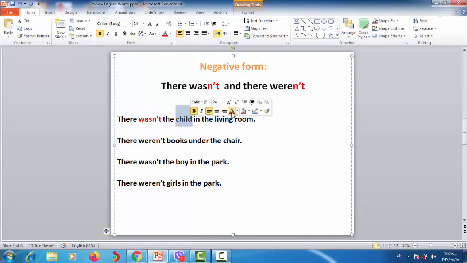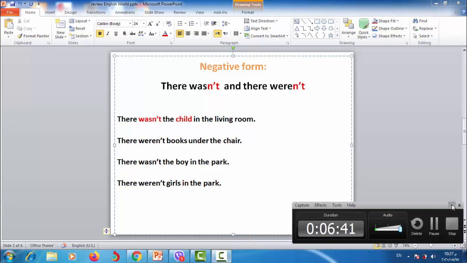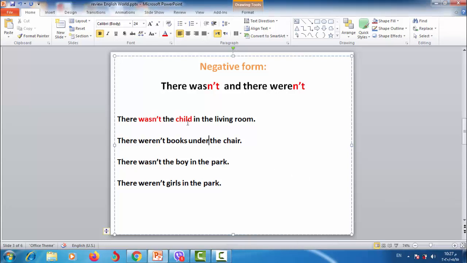Child is one. We cannot say there weren't the child in the living room, because we have only one child. There wasn't the child in the living room.